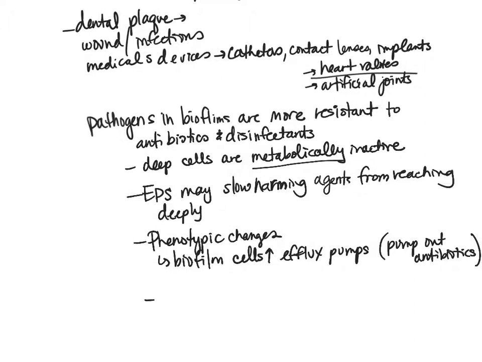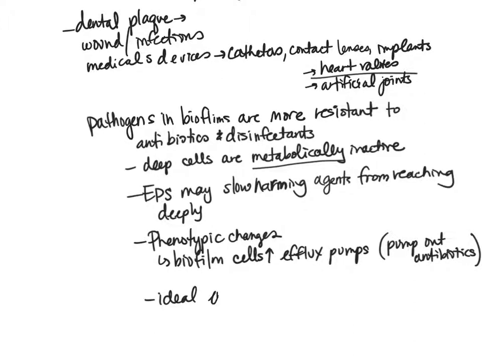So even if a particular organism or species within somebody's body didn't already have antibiotic resistance, if it gets stuck within this biofilm and starts exchanging genetic information with other cells, those cells may be resistant to an antibiotic. If those cells are, and they exchange that particular DNA, then all of those cells are going to become resistant to that antibiotic.